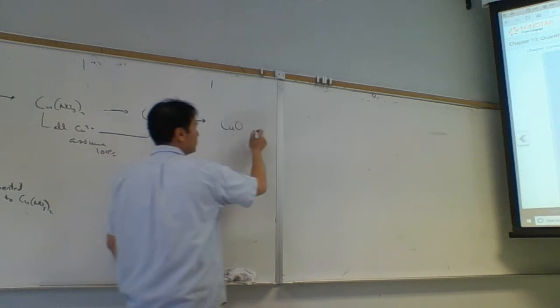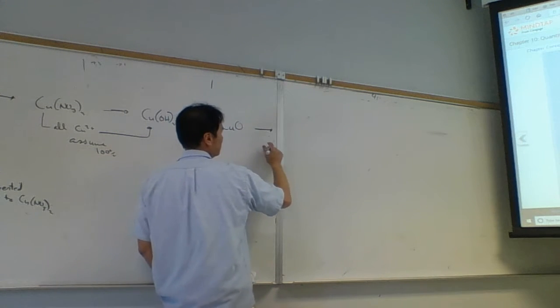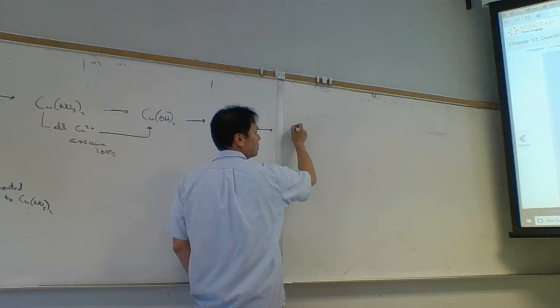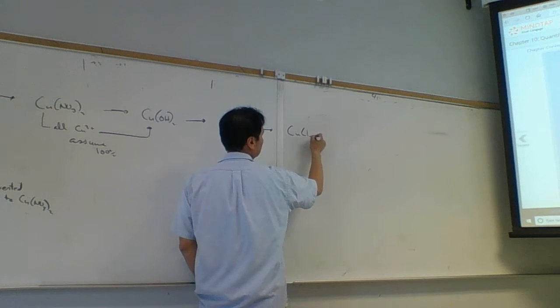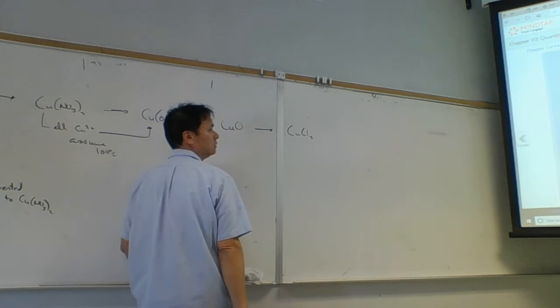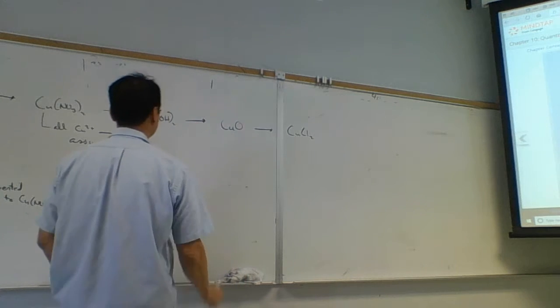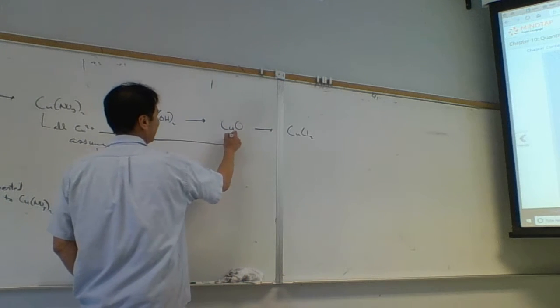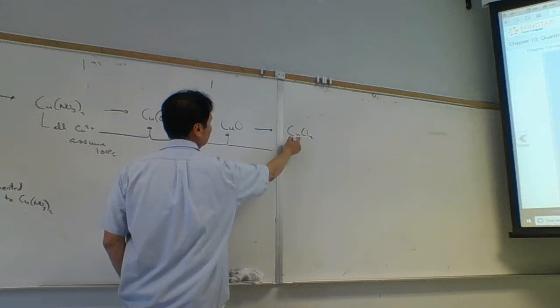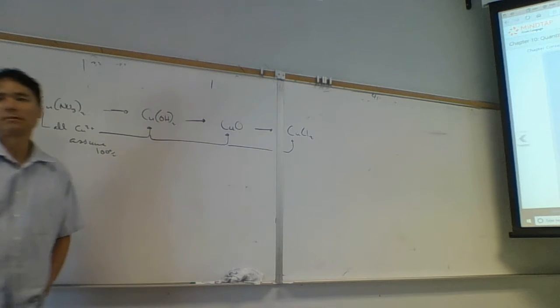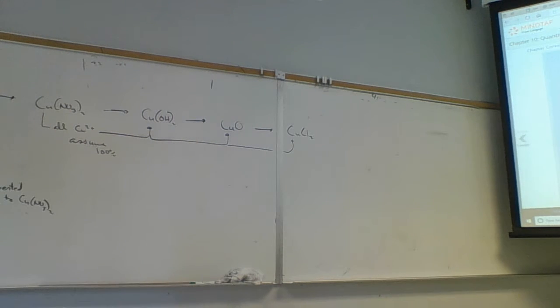And then to a solution of copper 2 chloride. So you can take this oxide and react it in hydrochloric acid, you'll probably form this, copper 2 chloride. And so we have to assume that we're getting 100% yield. If we're losing some of this, then what they're getting at is not going to work.